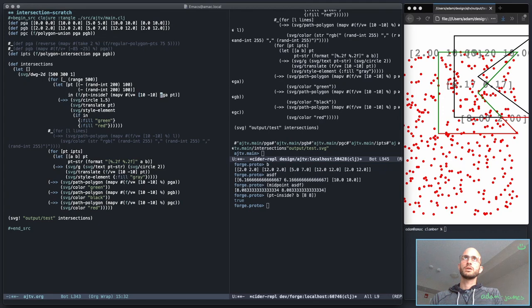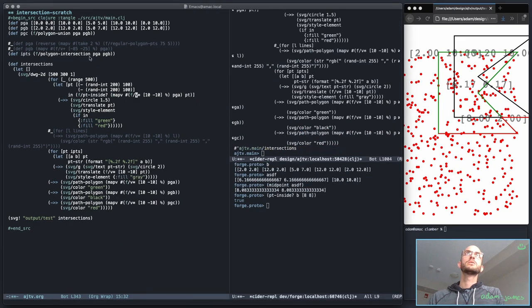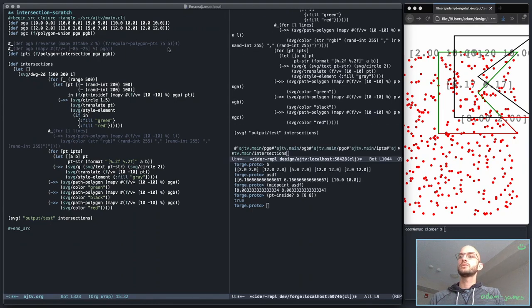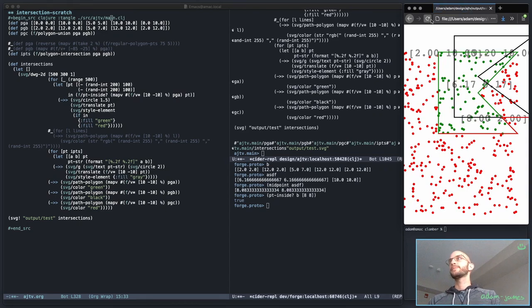Come on. Is that gonna fix it? I think maybe unbalanced parentheses. Is that a scale issue? Might be a scale issue. There we go. Okay.